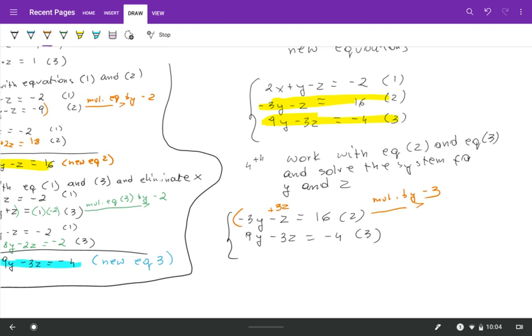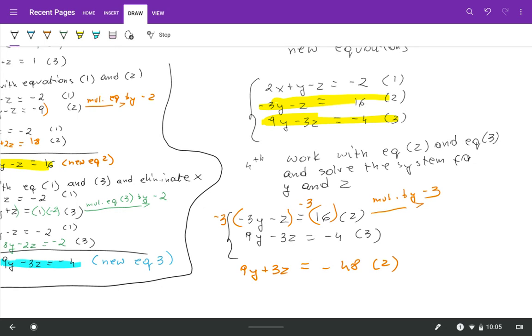So the left side, and of course the right side, we multiply by negative 3. So our equation 2 will become 9y plus 3z equal negative 48. So this is equation 2.